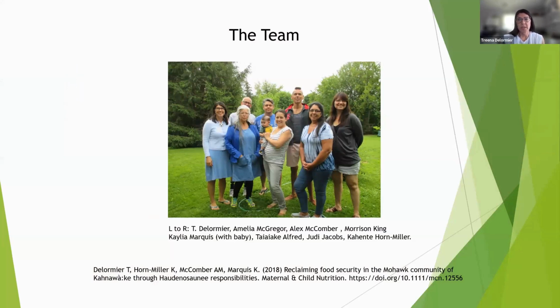And so we put together this team from my community to study the question and to examine how food security is experienced in our community, how we can understand those experiences so that we can then explore ways of upholding our responsibilities to take care of our foods, but also to enhance local food security, which is a public health issue. So we're addressing both our responsibilities as Indigenous people, but also a public health or local community health issue. So this is our team.